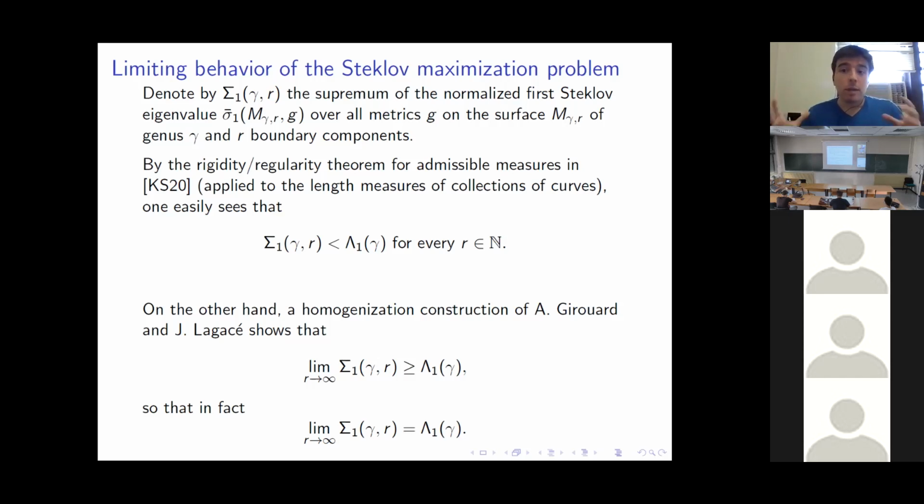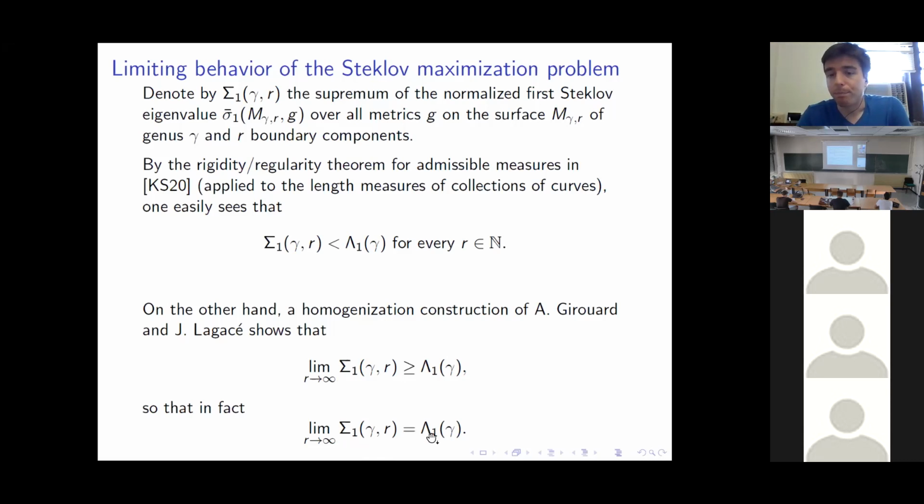You can find a sequence of domains whose Steklov spectrum converges to the Laplacian spectrum. And so as a result, we're able to conclude that the limit of these Steklov maxima, sigma 1 of gamma, r, as r goes to infinity, as the number of boundary components goes to infinity, is bounded from below by lambda 1 of gamma. And so in particular, combining those two statements, we see that the sigma 1 of gamma, r, these Steklov maxima, are converging as r goes to infinity to this global maximum for the first Laplacian eigenvalue.